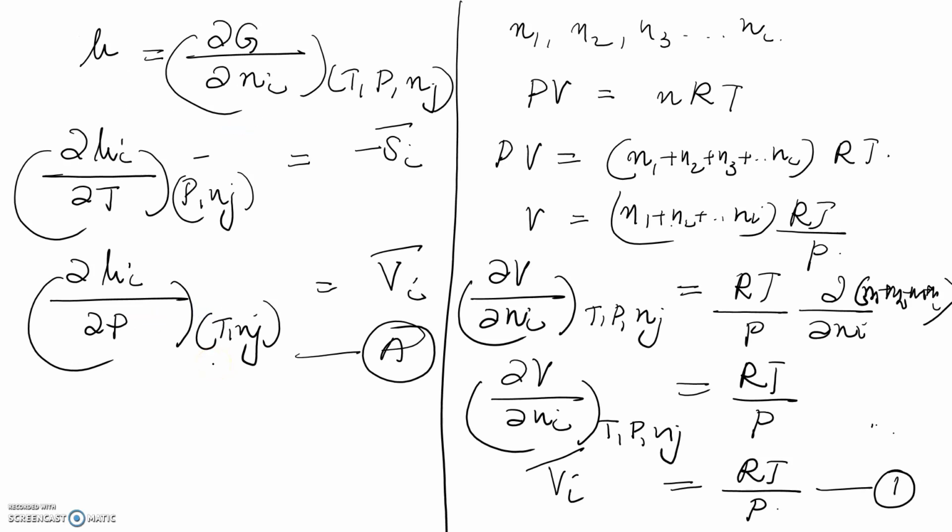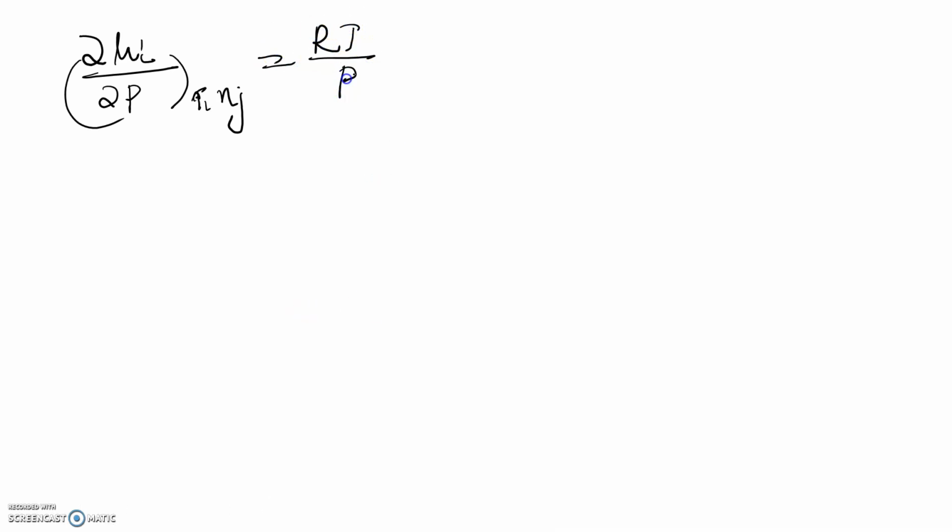dou mu i by dou P at constant temperature and Nj, that's what we obtained here, is equal to RT by P. Cross multiplying, we can write dou mu i is equal to RT by P into dP.